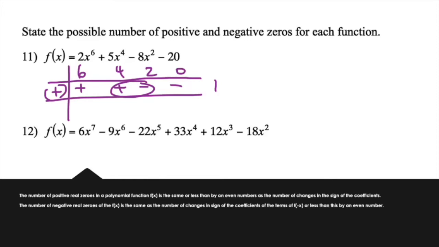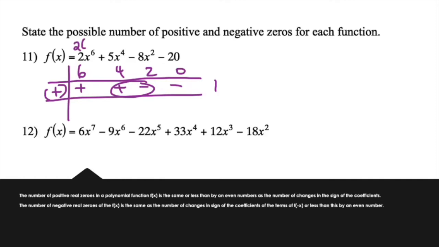Now when I'm doing the negative sign changes, I have to plug in a -1. And these exponents are really going to help, because whenever there's an even exponent, it keeps the signs the same. Whenever there's an odd exponent, it switches it. So here's the reason why.